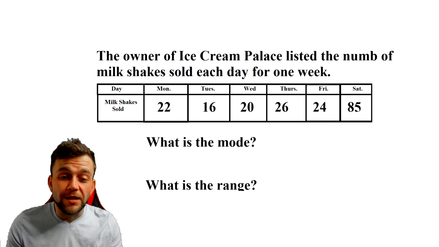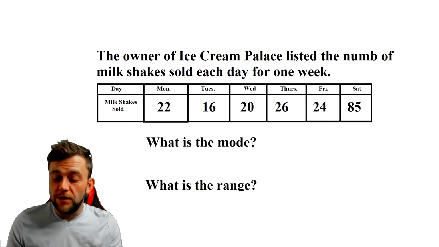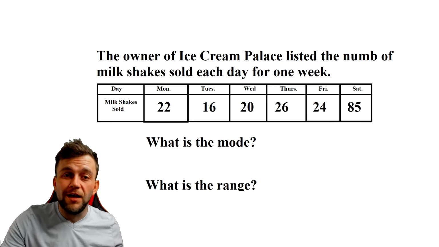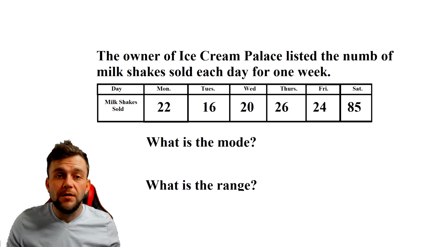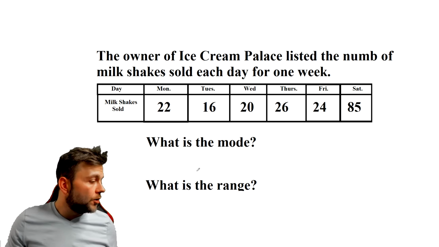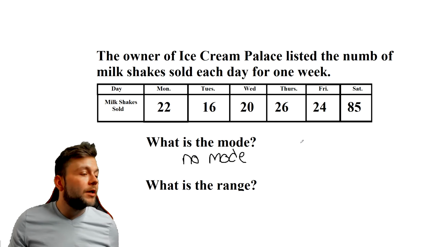We can see that all of the numbers are different. So what does that mean about mode and frequency? You're supposed to find the most frequent number. So in this case, we have no mode. Nothing shows up more than the others.